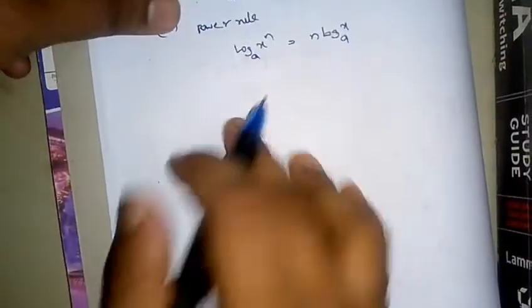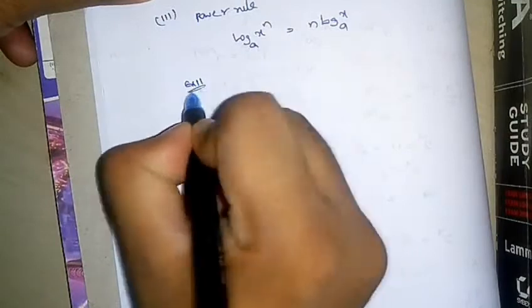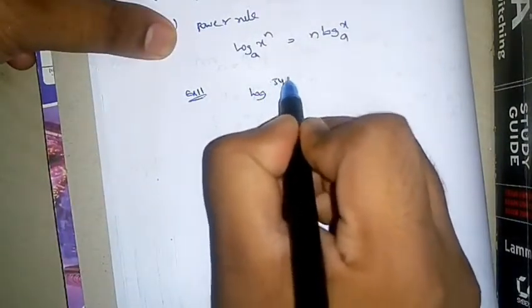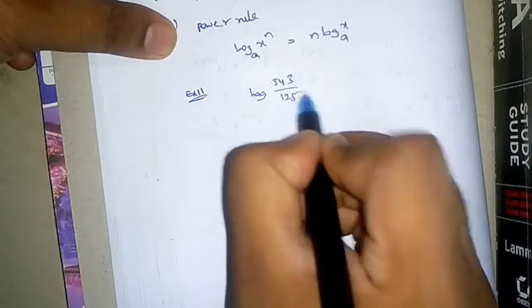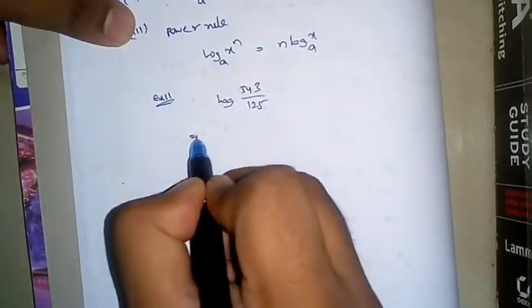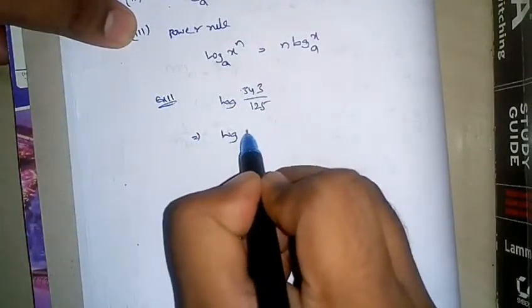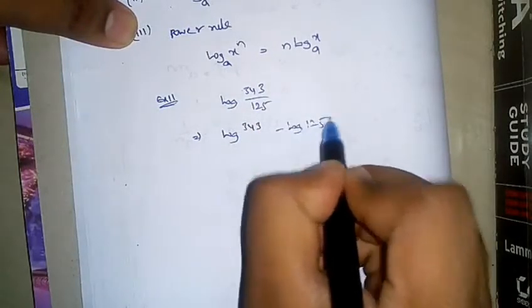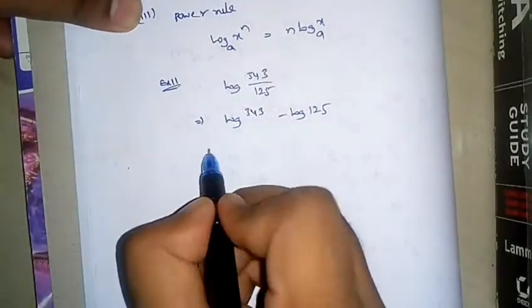Next, let us solve a few examples. Example 11. Expand log 343 by 125. Implies log 343 minus log 125. This is using the quotient rule.